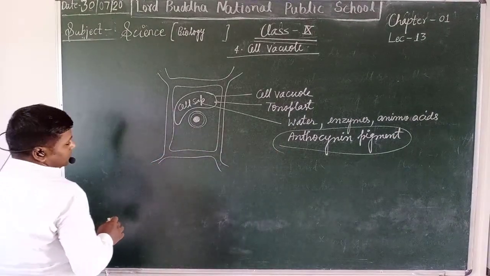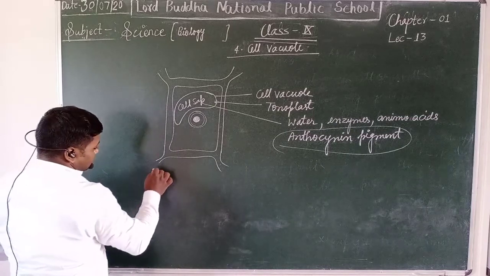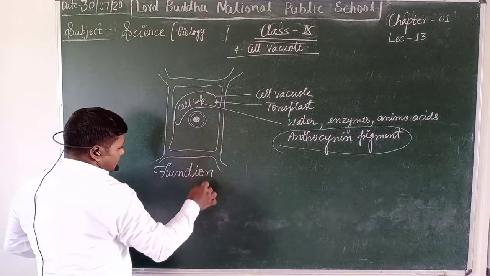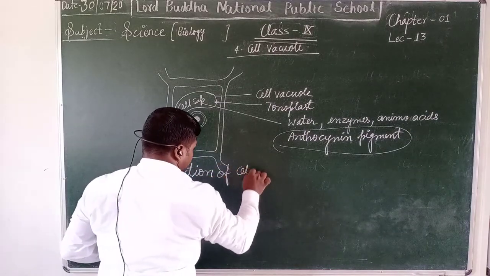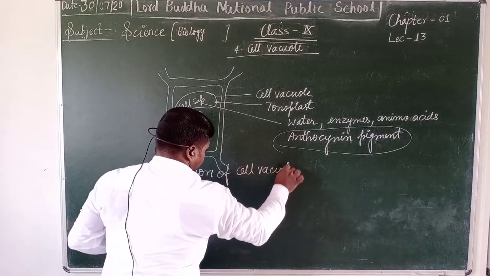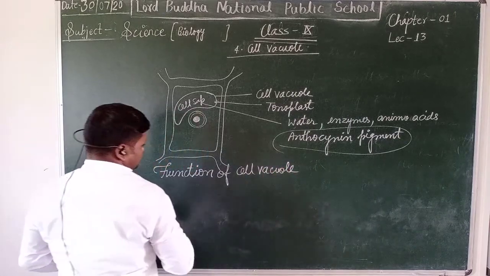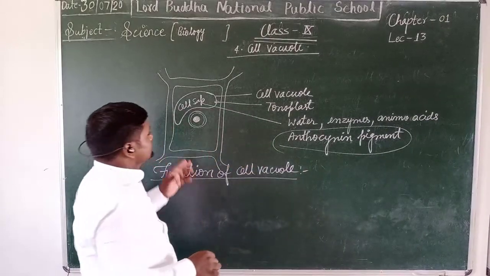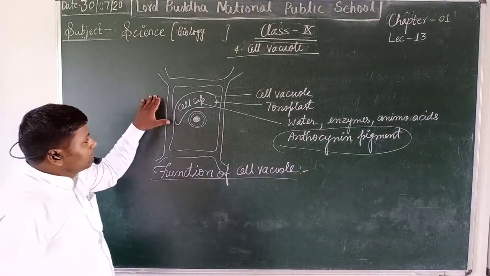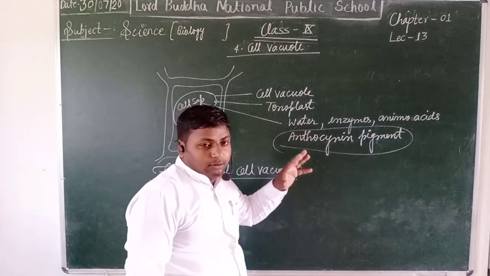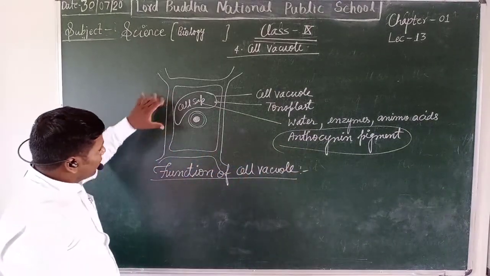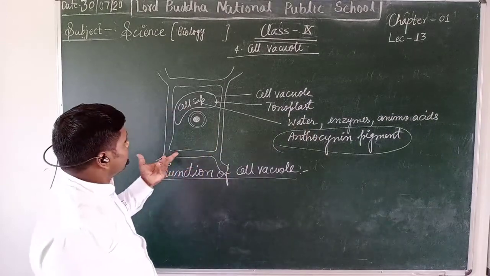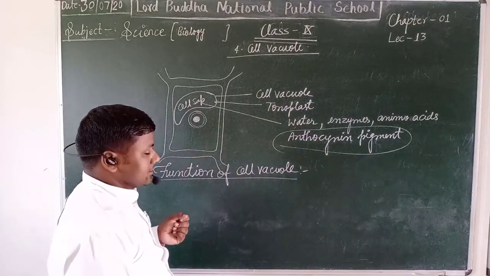Now we discuss the function of the cell vacuole. Students, cell vacuoles are mainly known as the water reservoir of the plant cell. How is it called the water reservoir of the plant cell?